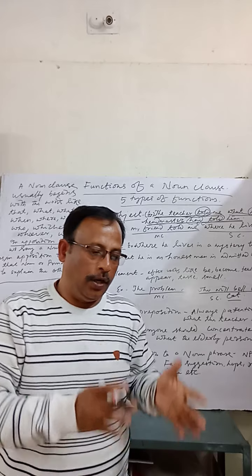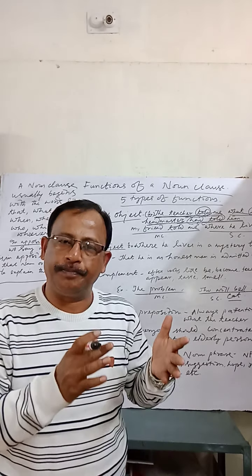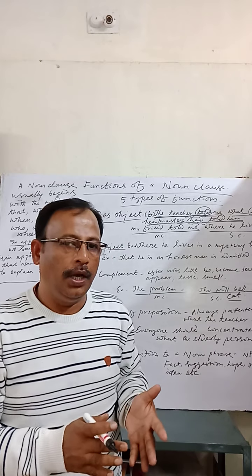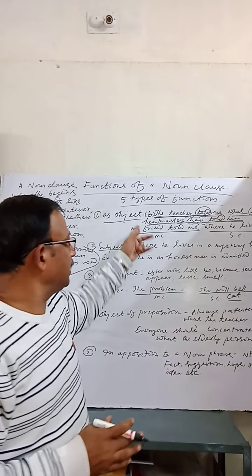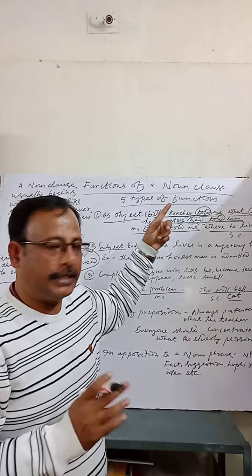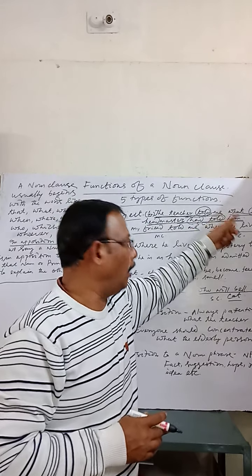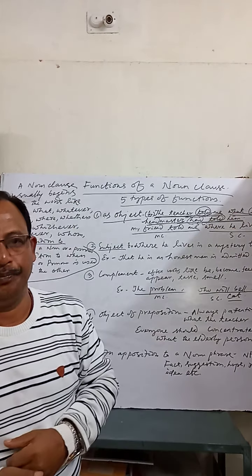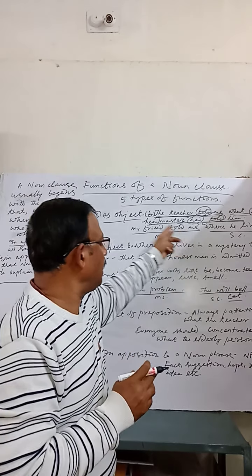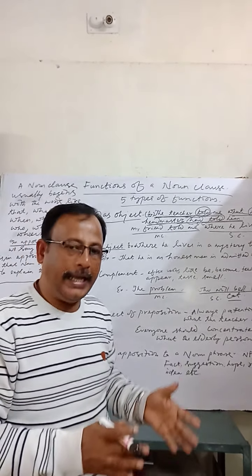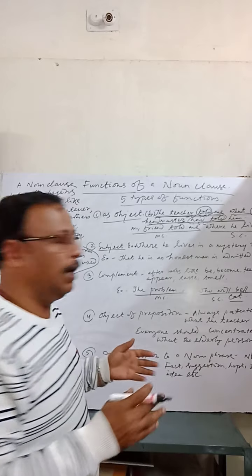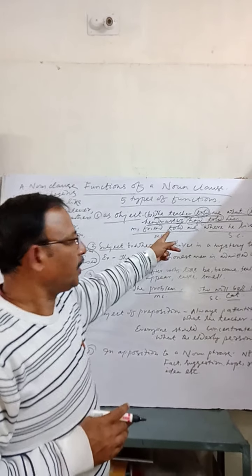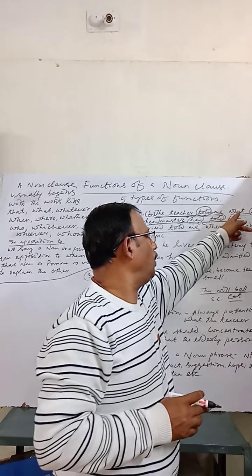We know that the answer we find by asking the question what to the verb is called an object. So in this sentence also we find the same thing. This noun clause, what the headmaster had told him, plays the role of an object in this complex sentence.